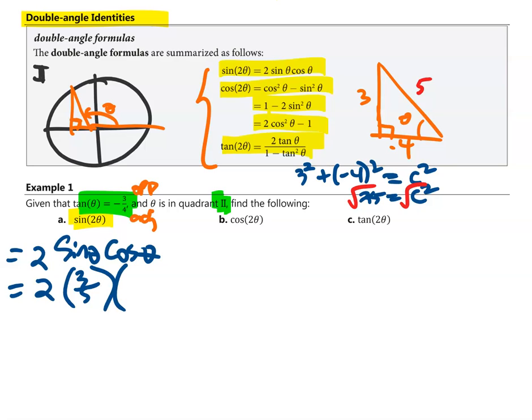Cosine is adjacent over hypotenuse, so that is negative 4/5. And to simplify this, 2 times 3 times negative 4 is equal to negative 24, and 5 times 5 is 25.